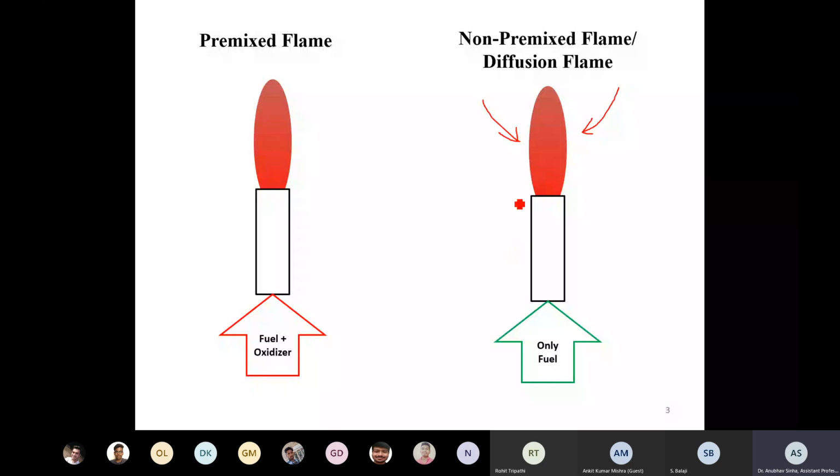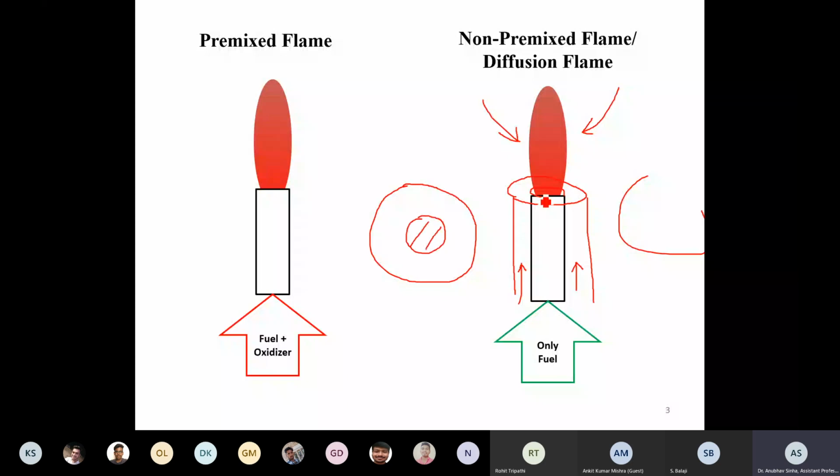Another way is that you have a concentric tube. One tube is carrying fuel, and there is another tube surrounding it which is given oxidizer. If you look at the top view, you will see an inner circle which has fuel, and a surrounding circle which has oxidizer.